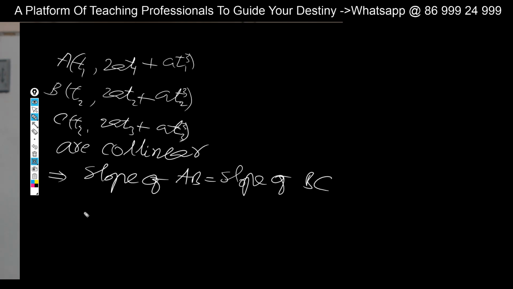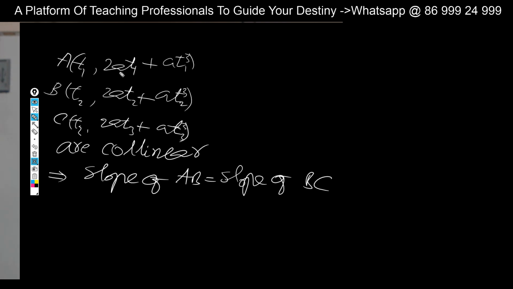Let me write slope of AB so that symmetrically you can write slope of BC. y2 minus y1 by x2 minus x1. I am writing the direct step here, just try to understand that. This is x1 y1, this is x2 y2.